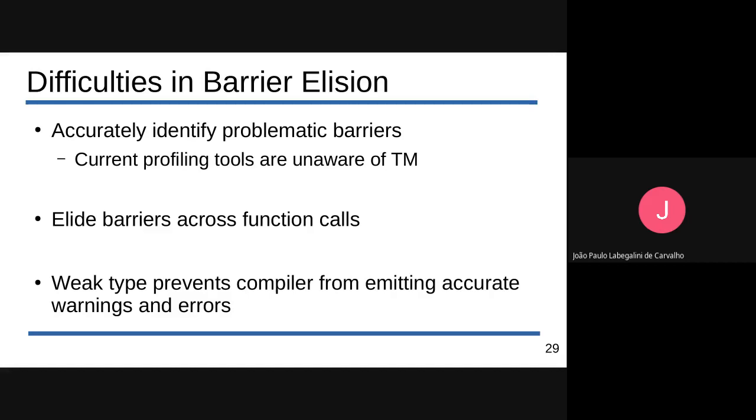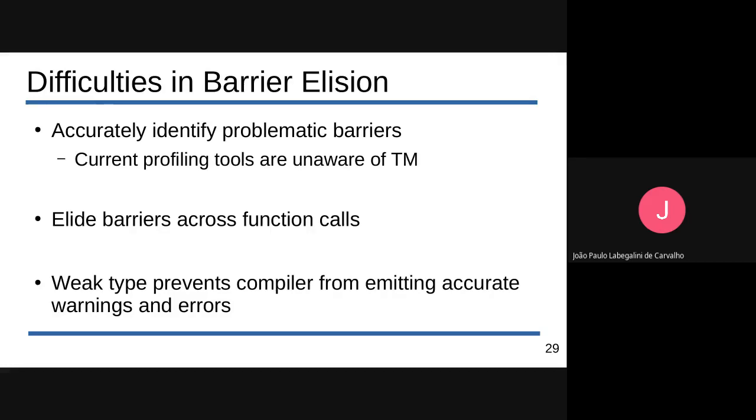Second happens when you need to remove barriers across function calls. And that happens mostly when programmers are passing variables as pointers to other functions. And when you do that, you might lose a lot of type information that was previously available at the source code level, but is not available anymore at the intermediate representation level.